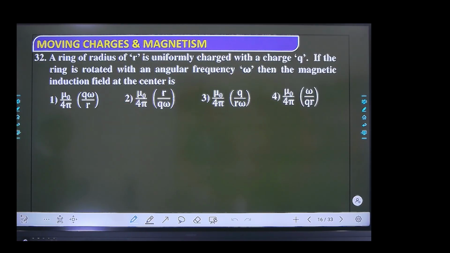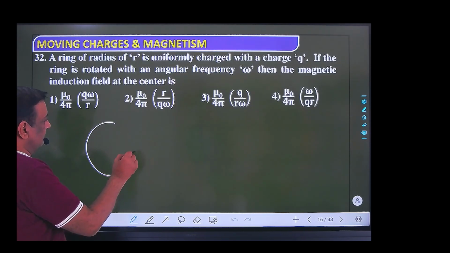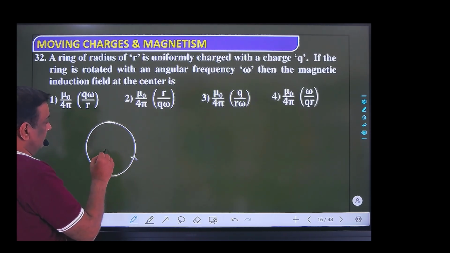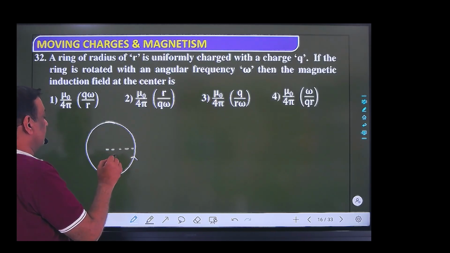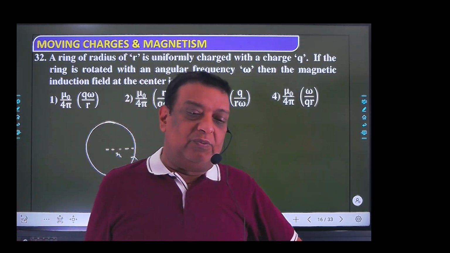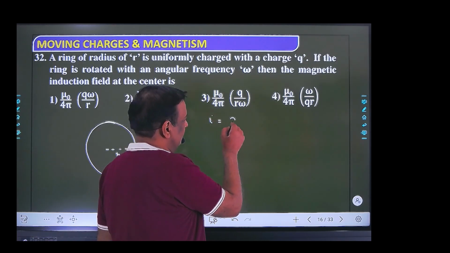The ring of radius r is uniformly charged with charge q. If the ring is rotated with angular velocity omega, find the magnetic induction at the center. Now, charged particle in circular motion, we say it's equivalent to current.